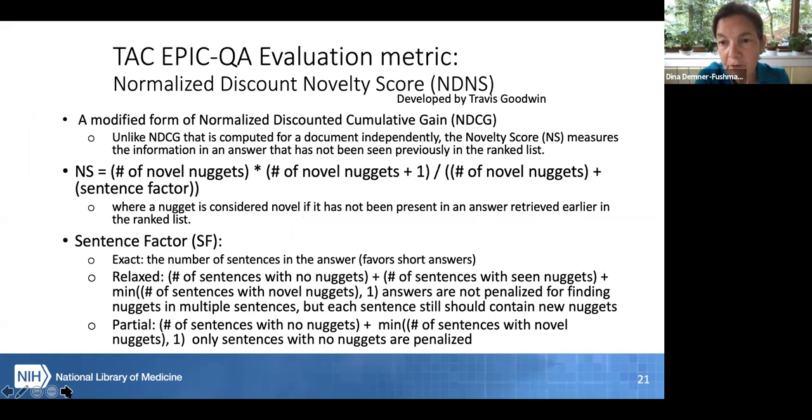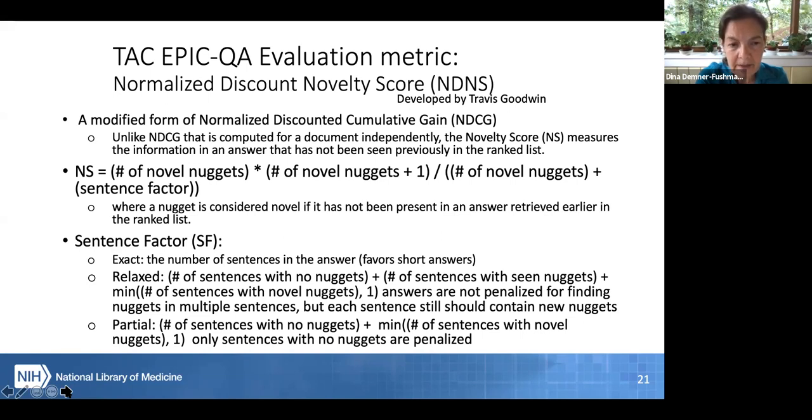Then how do you actually evaluate these nuggets and these answers? How do you compare the systems? So Travis came up with this metric that he based on the NDCG. And the idea is that the systems will be rewarded for bringing the different nuggets up front.